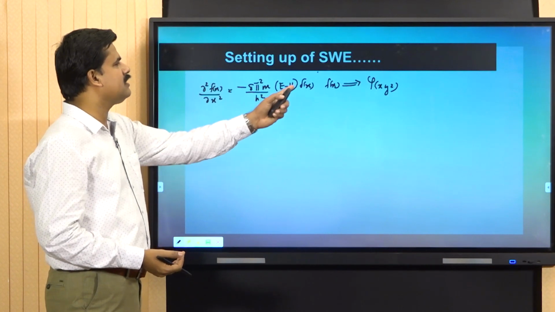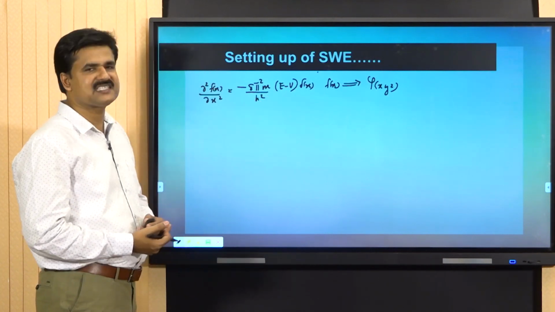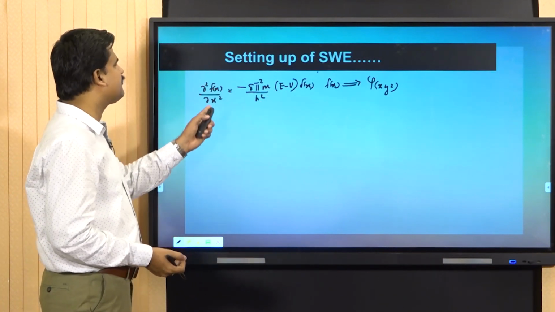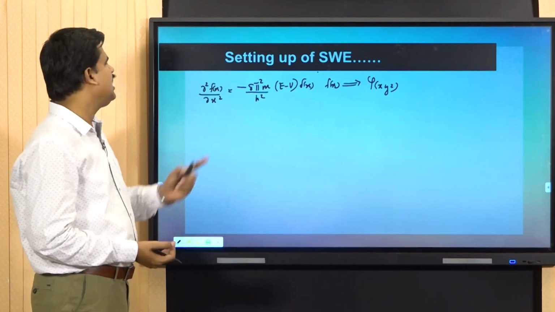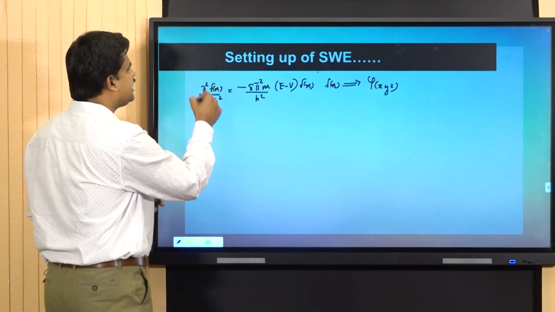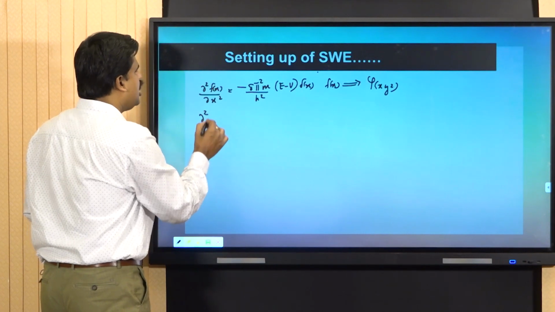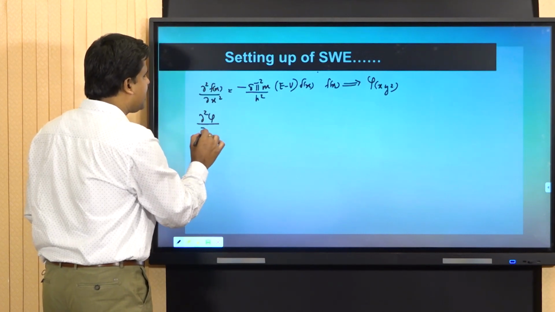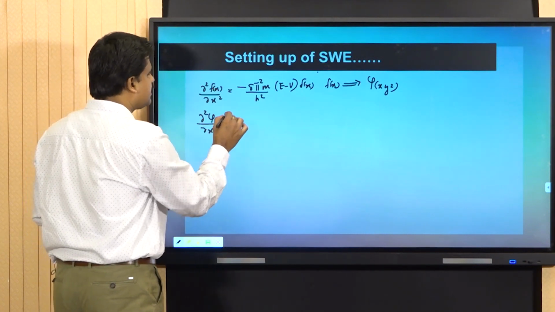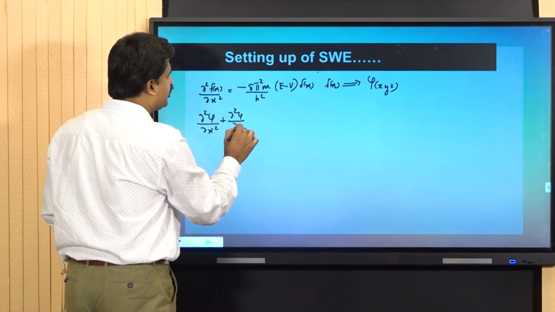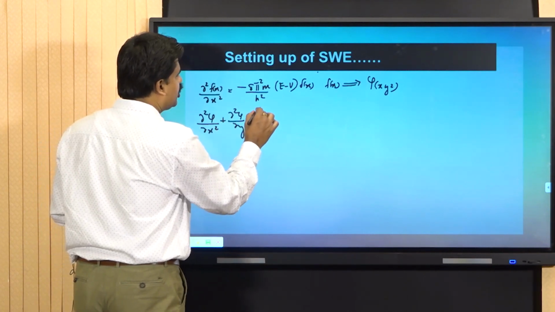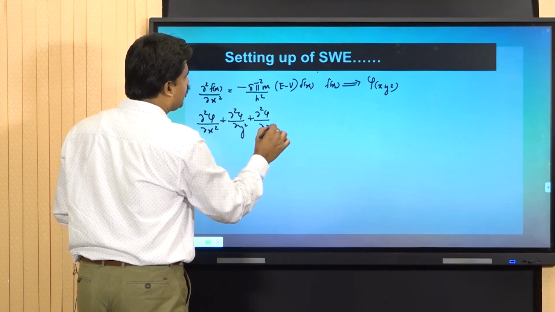On replacing f(x) by ψ(x,y,z), the differential form also changes, and we have to represent the left hand side like this: ∂²ψ/∂x² plus ∂²ψ/∂y² plus ∂²ψ/∂z².